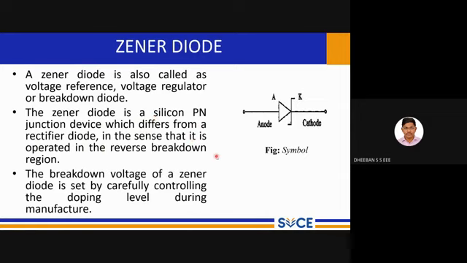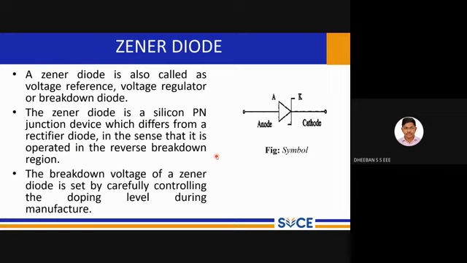That's the difference. In the PN junction diode, what we have seen was that you cannot operate it in the reverse bias condition. If you operate in reverse bias, there will be only a very small magnitude of current flow.